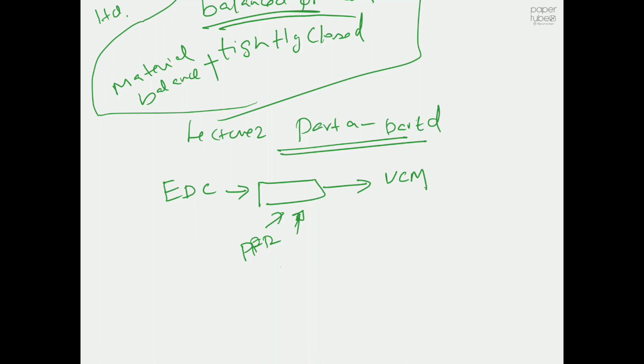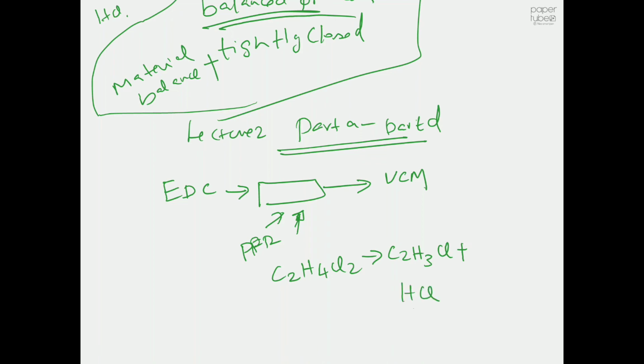Let me check the reaction stoichiometry one time. Yes. Let me write it here: C2H4Cl2. Upon pyrolysis you will get the desired product, vinyl chloride monomer, plus HCl.